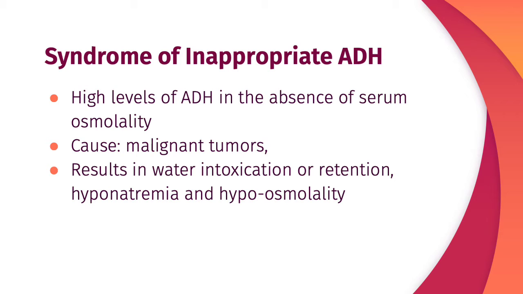And if we have the opposite, if there's hypoosmolality, it causes the suppression of ADH and renal water excretion increases. Now, with syndrome of inappropriate antidiuretic hormone, a common cause of which is malignant tumors, it results in water intoxication or retention. There is hyponatremia and there is hypoosmolality.